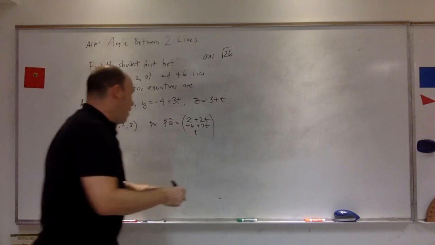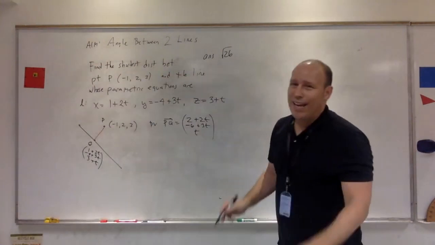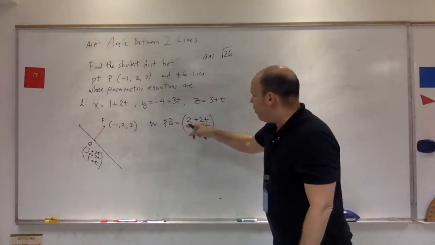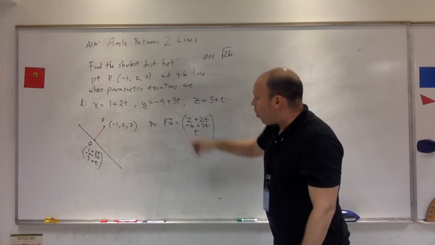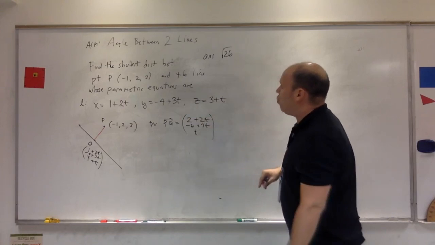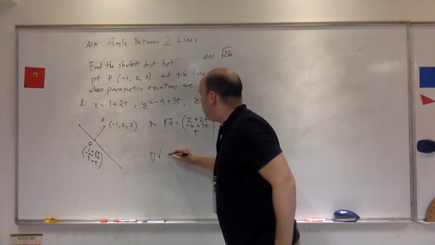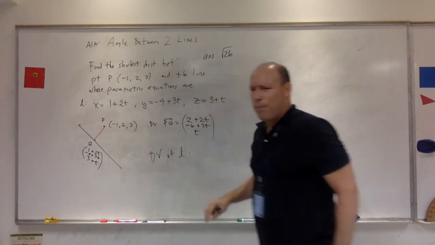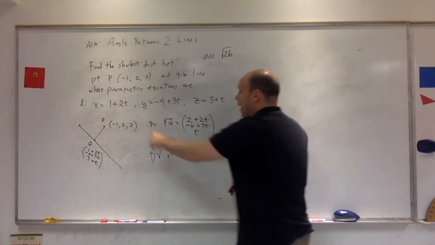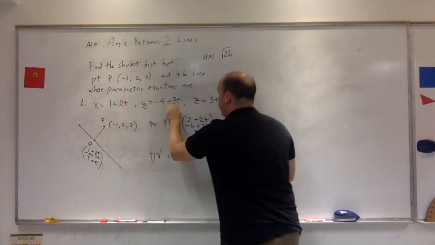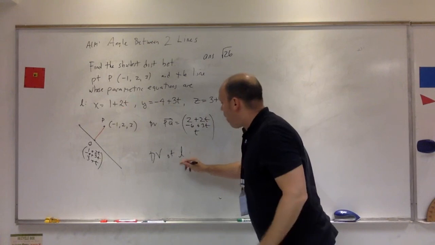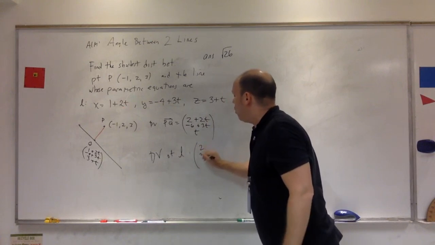Now, we know that this direction vector PQ is perpendicular to L. So what is the direction vector of L? Can we just get that from the parametrics? Yeah, you take it off the t's. The direction vector of L is 2, 3, 1.